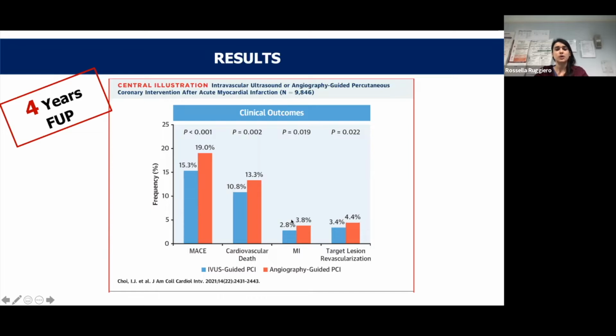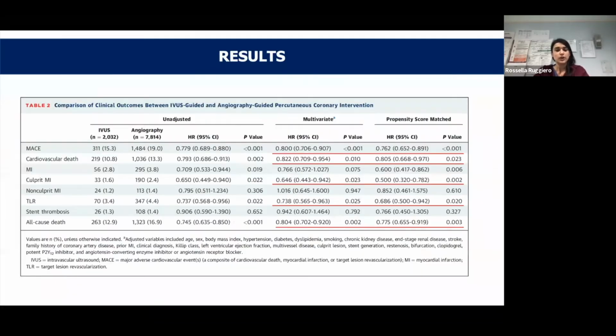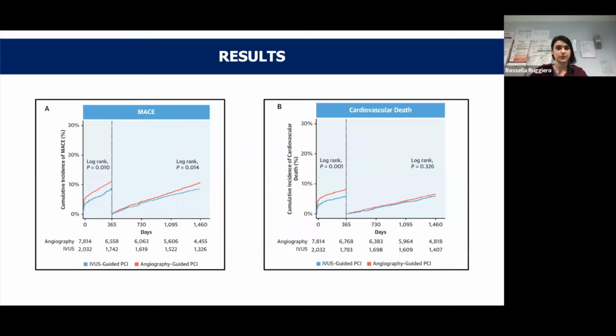The same result was observed when dividing the MACE into its 3 components: cardiovascular death, MI, and target lesion revascularization. The results were also consistent in the multivariate analysis and the propensity score matching. The authors then divided the events into those within the first year, as you can see in this part of the graph, and those from 1 year to 4 years.